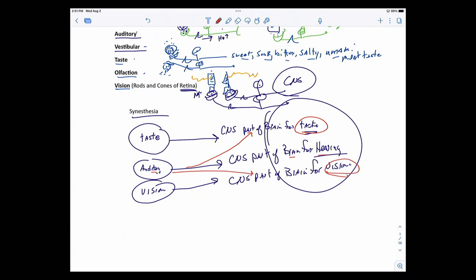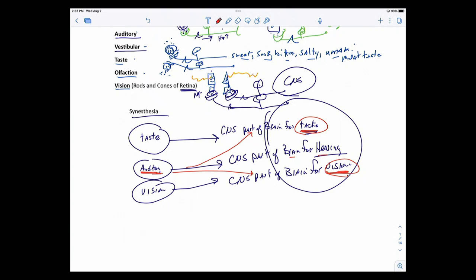So in this example, a person has an auditory experience, they're hearing something, but in the process of being stimulated by hearing, it causes them to have a taste or may cause them to see something. So what you have now is a kind of cross-modal wiring of various senses.